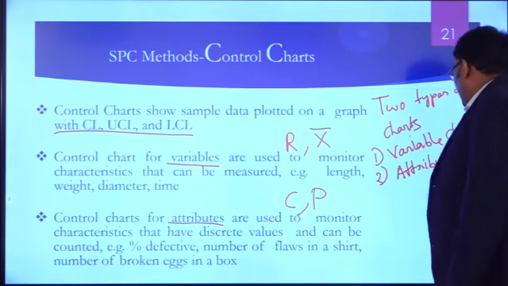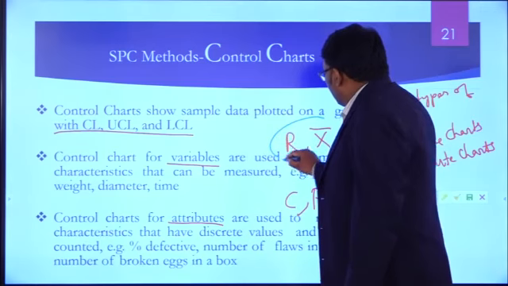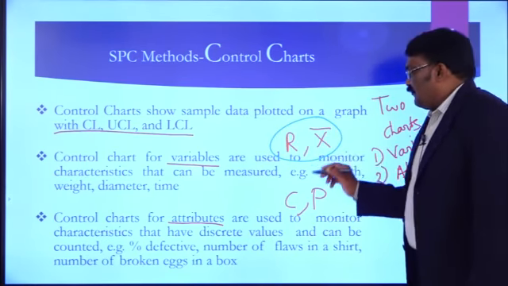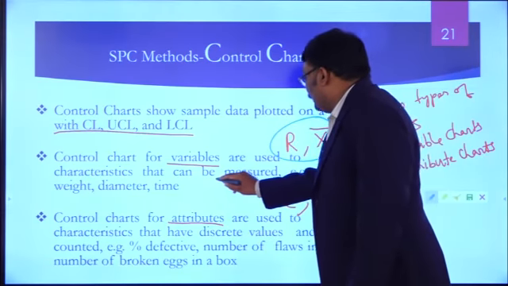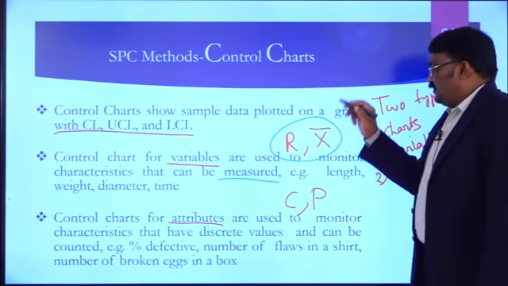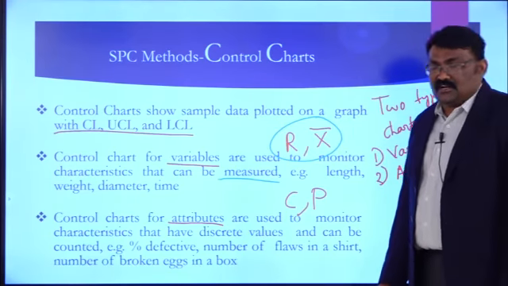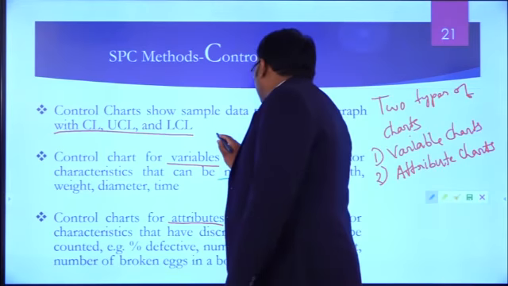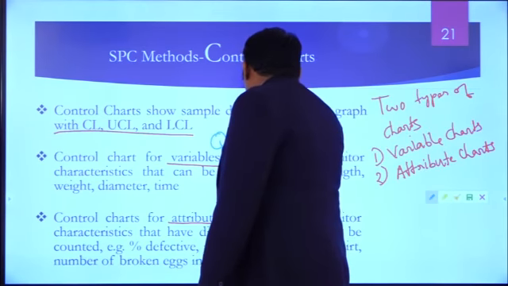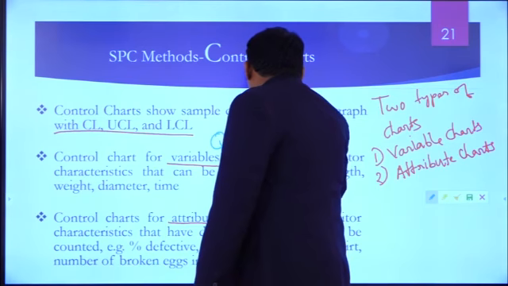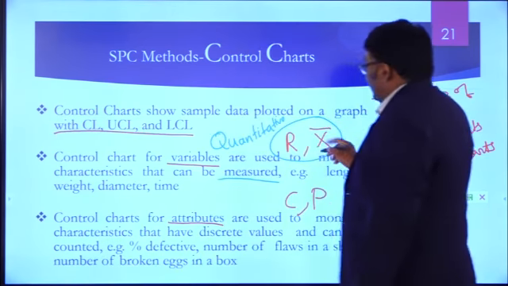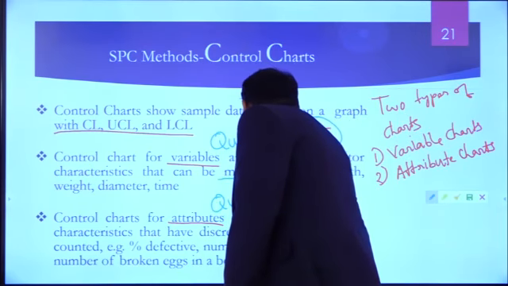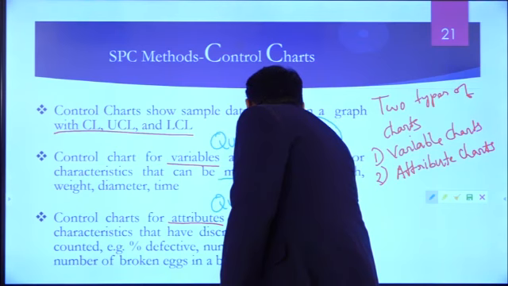In the case of the R chart and X bar chart, we have a variable which is measurable. The one which can be measured is applicable to R and X bar charts, so we can say it is quantitative.